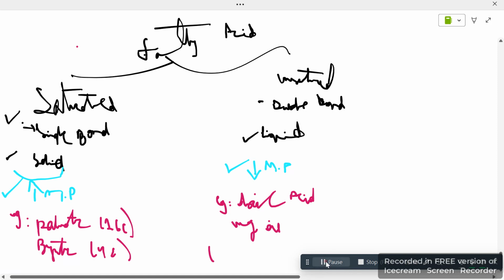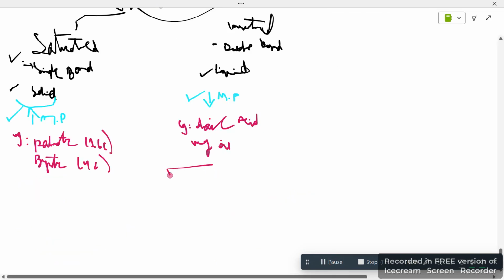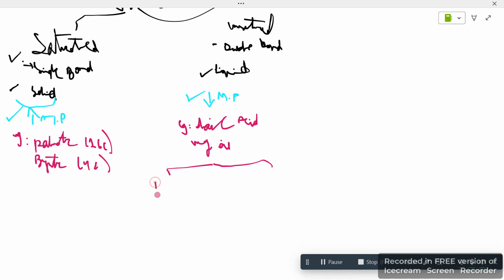Let me move the screen. So if you're eating any chips or anything that has fat, and everything has fat, if you eat any chips, we are taking the example of Lay's, if you turn the wrapper backward, you will see two types of fat. That is PUFA, and you will see another which is MUFA.